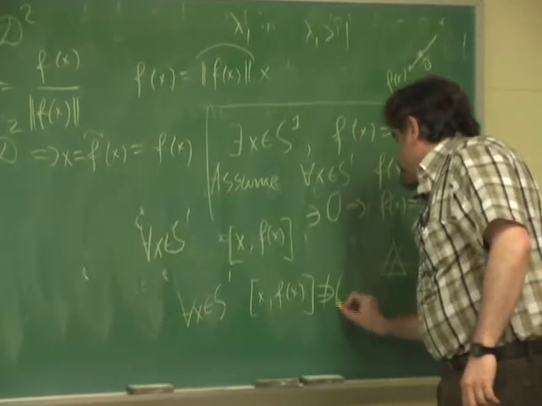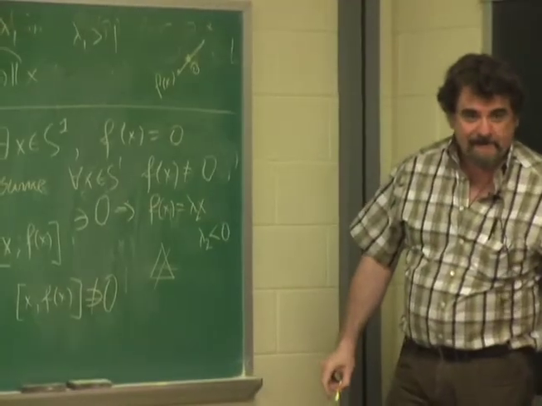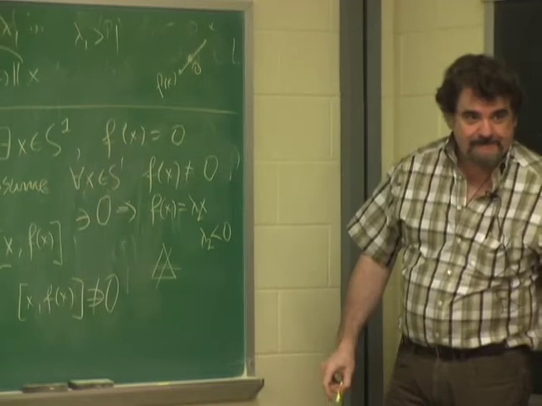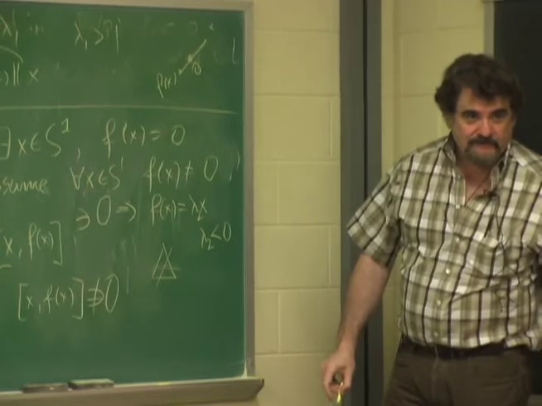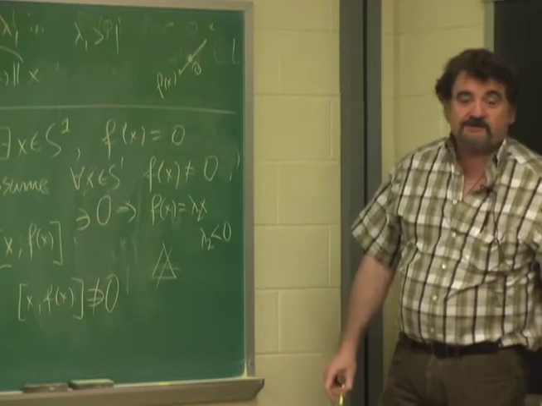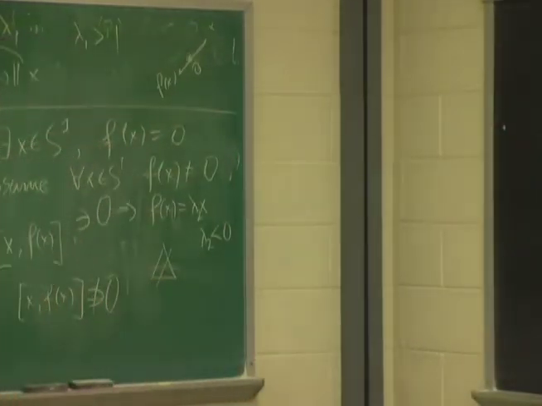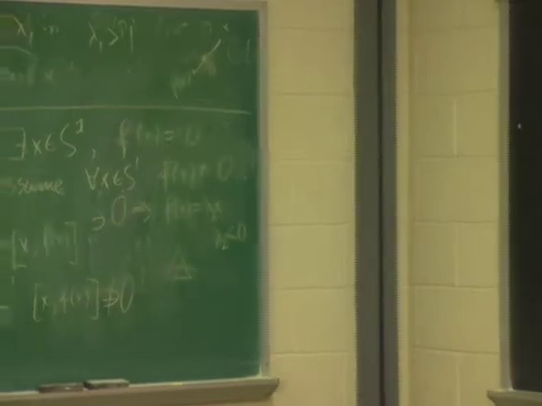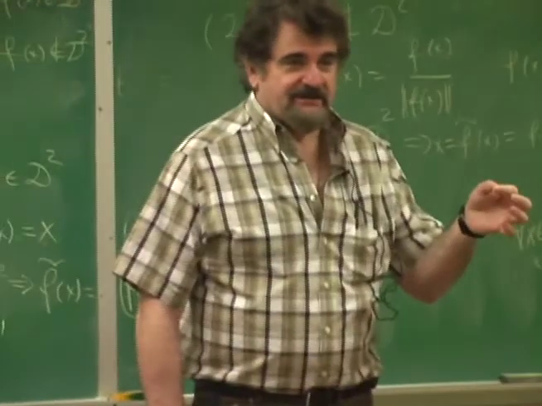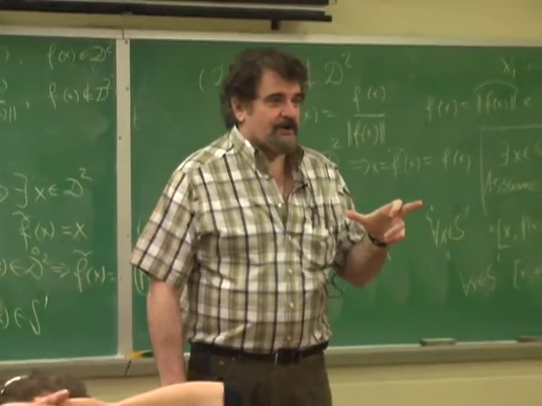does not include 0, because otherwise I know what to do. But then we are in the situation of the dog on the leash theorem. X is me, f of x is my dog, and the interval never touches the origin.